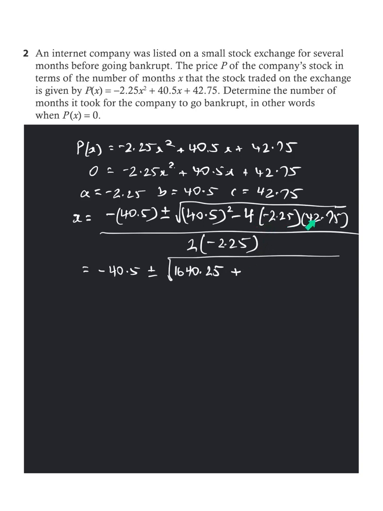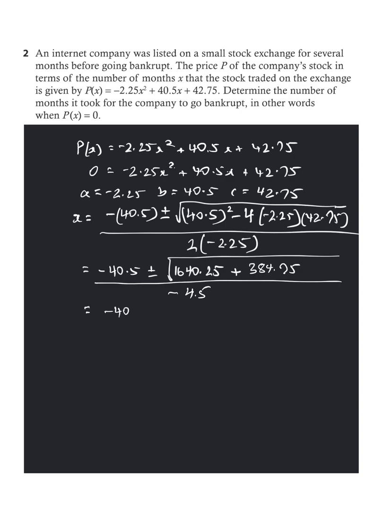All right, and we're going to resolve this one here. We've already identified it as being a plus, so we're just going to multiply 4 by 2.25 times 42.75. That equals 384.75. And that's all over a minus 4.5 on the bottom.